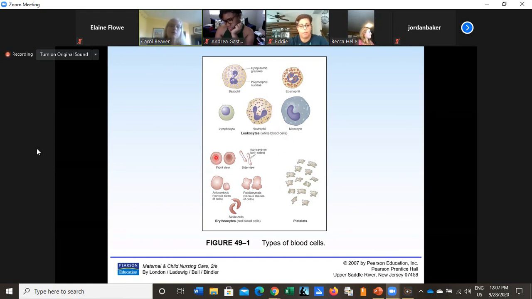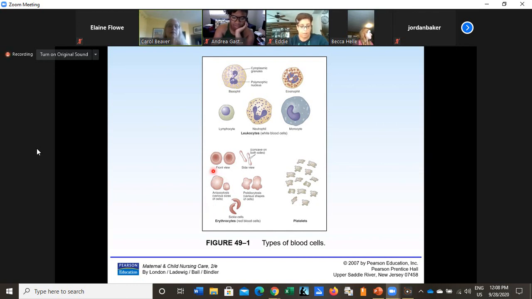Okay, so here's our front view of the white blood cell, and then when you look at it from the side, it looks like a bone, doesn't it? But it can fold up and squeeze through those capillaries real easily, normally anyway. And we've got our anisocytosis.